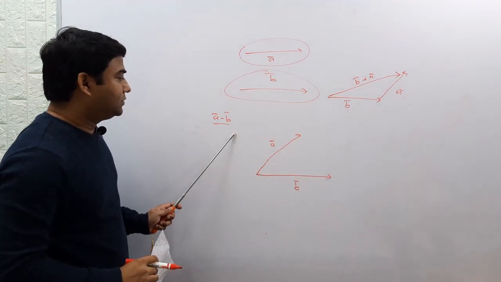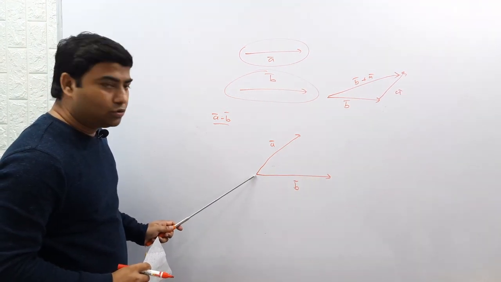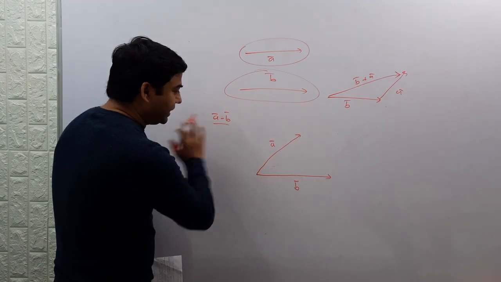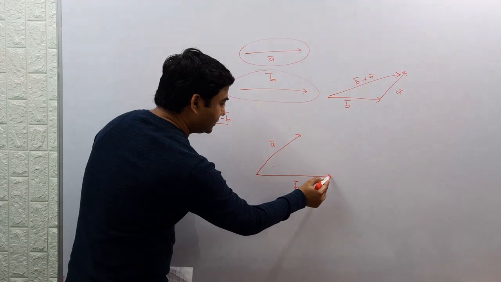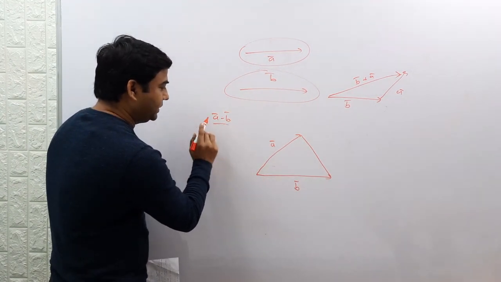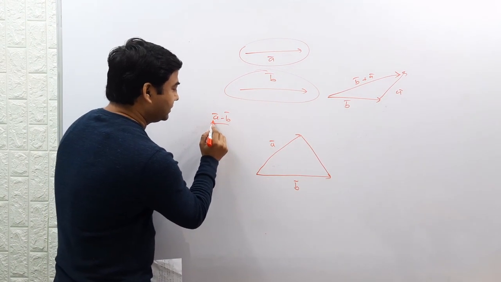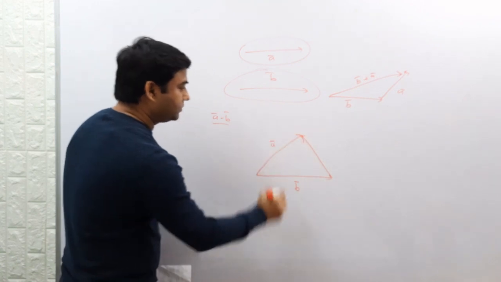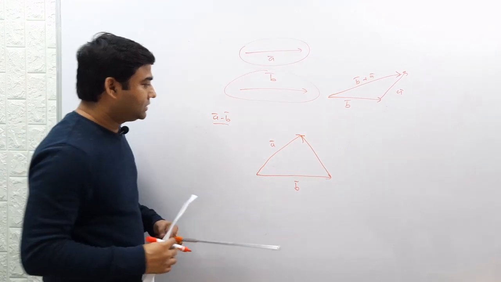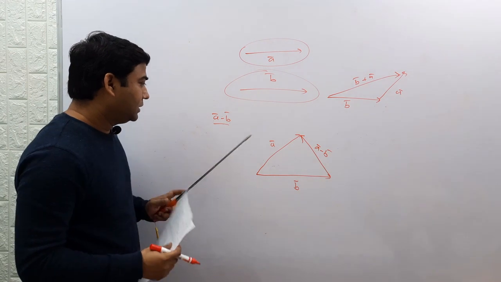To find A minus B or B minus A, just join the tails of these two vectors. If you are finding A minus B, then the third vector completes the triangle, A minus B. This is just to remember actually.